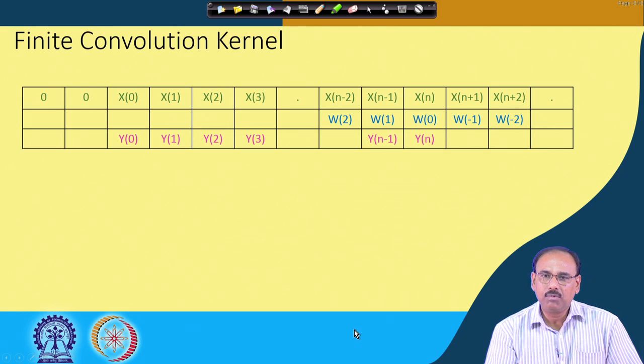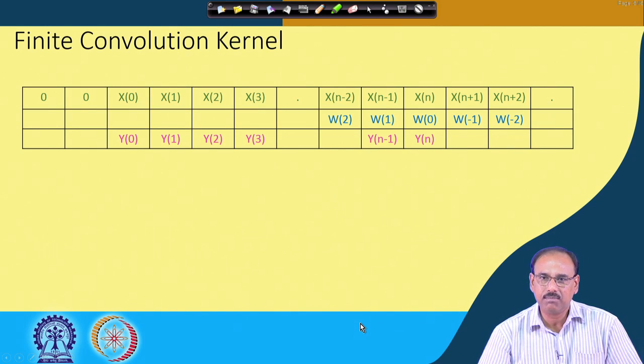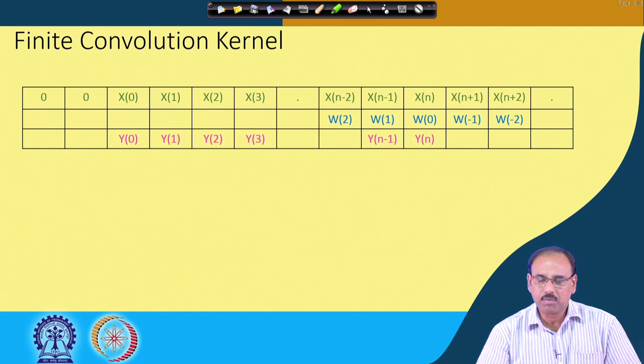Here you notice one more thing, that when a convolution operator is convolving over the input sequence, it is actually looking at a smaller number of sample values. It is not looking at the entire number of samples. And using this smaller number of sample values, it computes the output response.